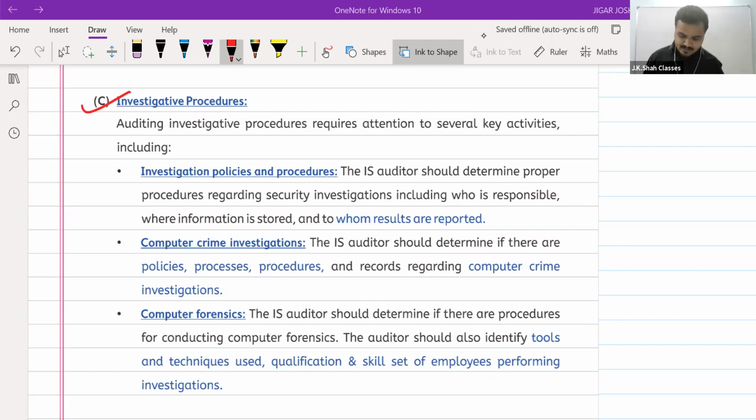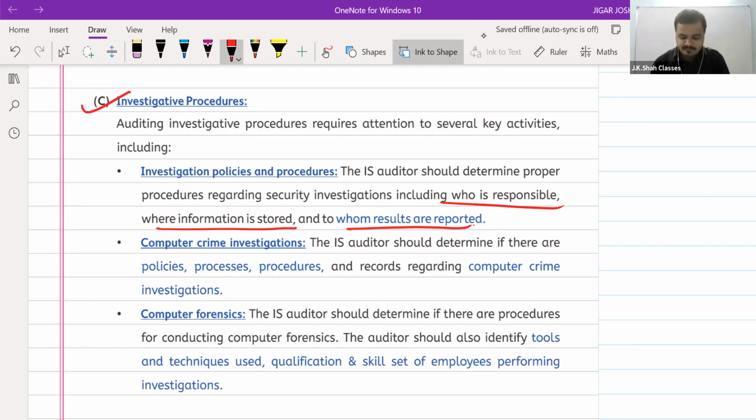Understood? Yes, sir. This investigation team will identify who is responsible, where this information is stored, and to whom these results are required to be communicated. So they will conduct all the research, find all the bottlenecks and errors in the system, and submit the report. Understood? But this is the normal one.